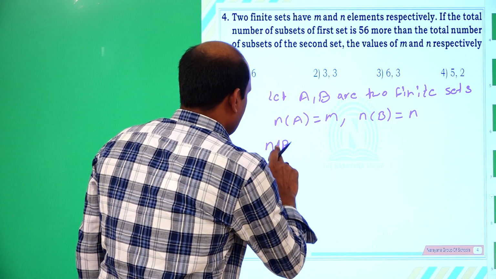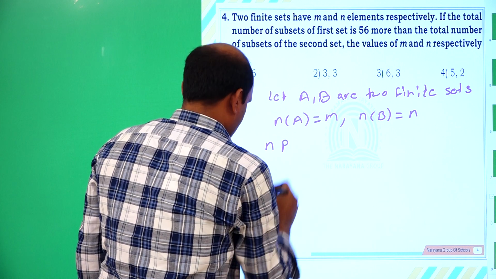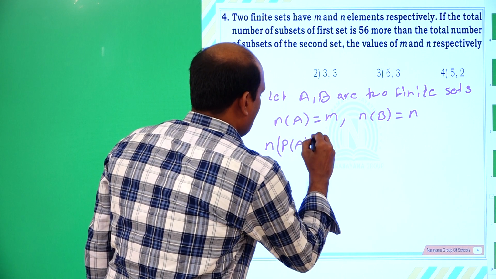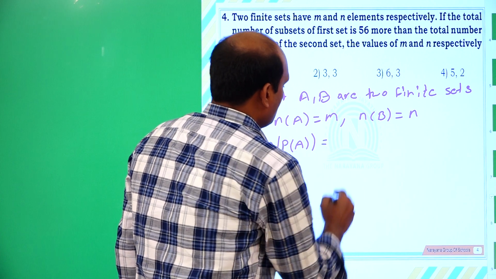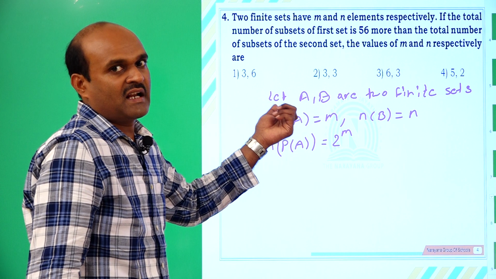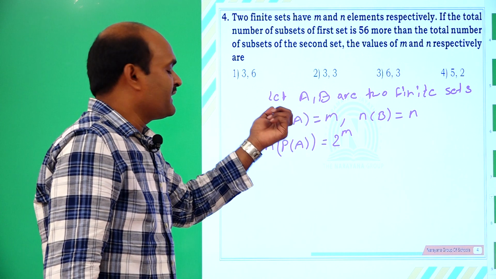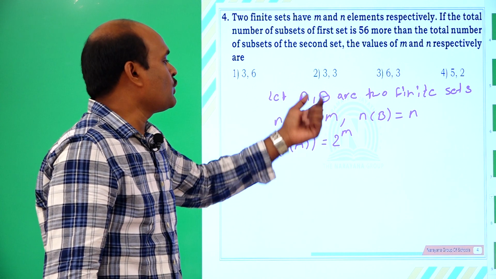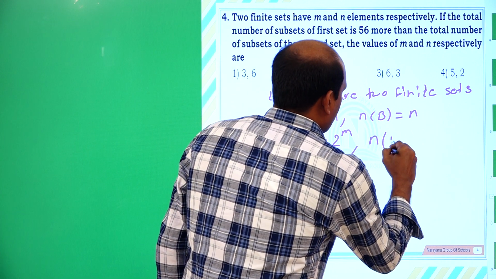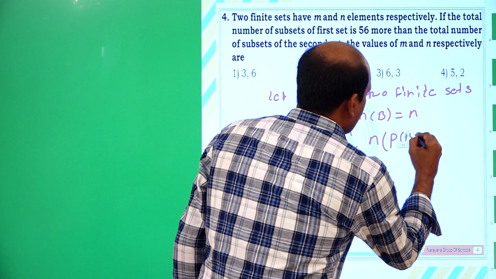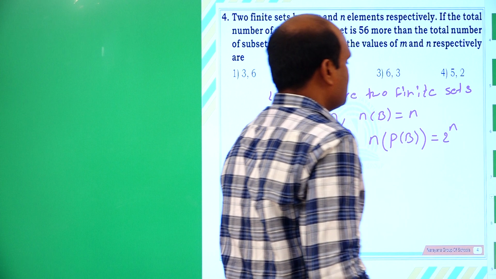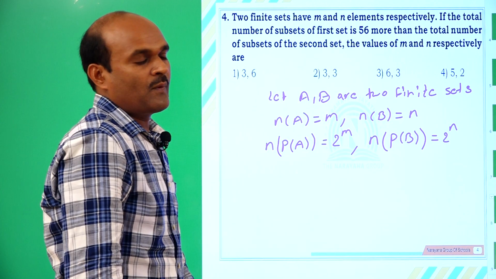N of P of A is equal to 2 power M. If A contains M elements, then A has 2 power M subsets. Similarly, N of P of B, the power set of B, is 2 power n; the number of subsets is 2 power n.